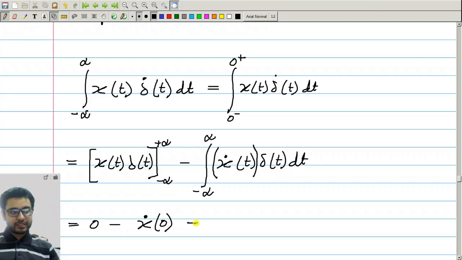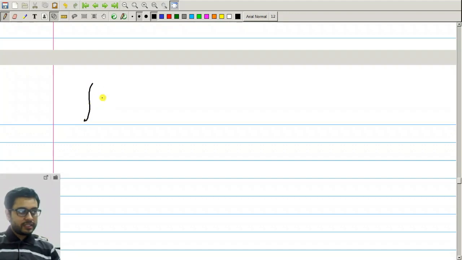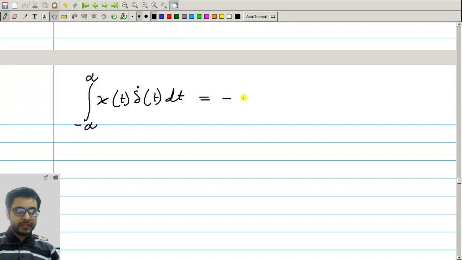So this is an important property of the delta dot function. So the integration of xt delta dot t dt is equal to minus x dot 0.